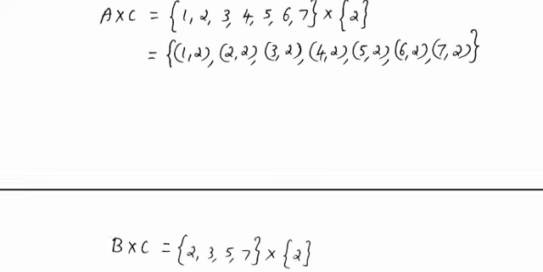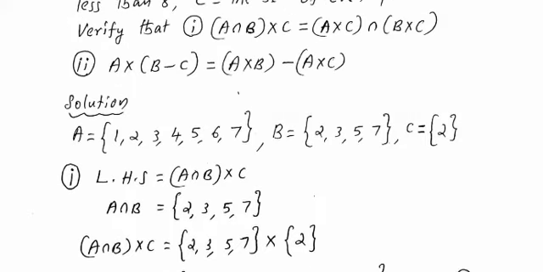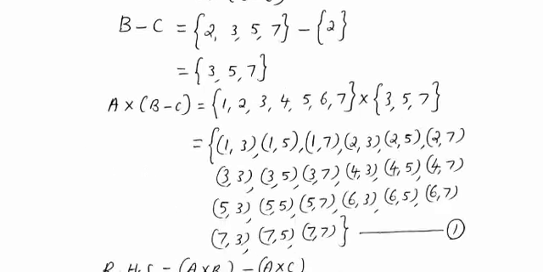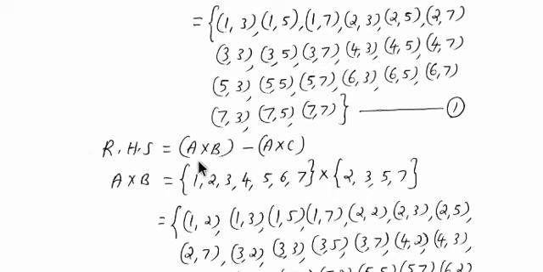What is RHS in the second problem? This is the RHS. Therefore, RHS is equal to A cross B minus A cross C. First find A cross B. First write the set A, then put cross, then write the set B, then take the cross product.